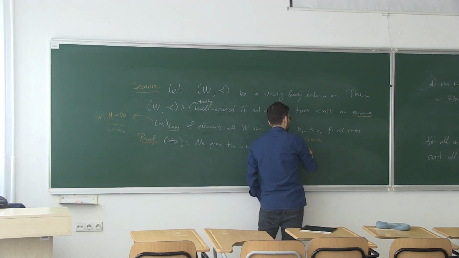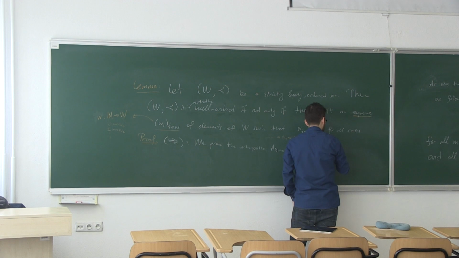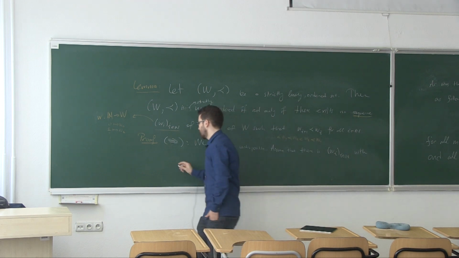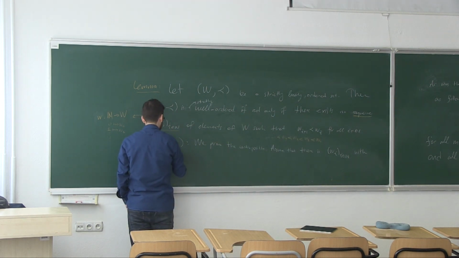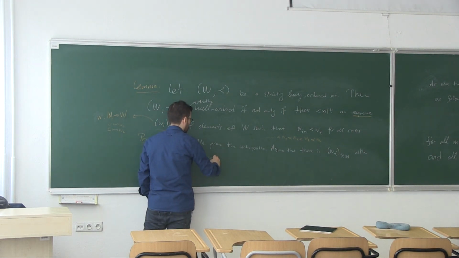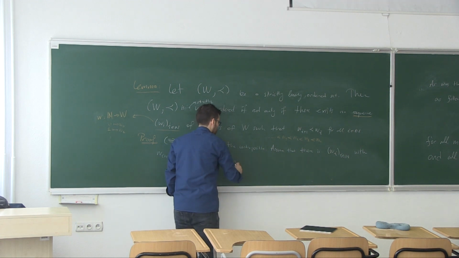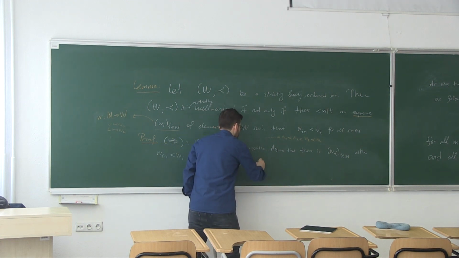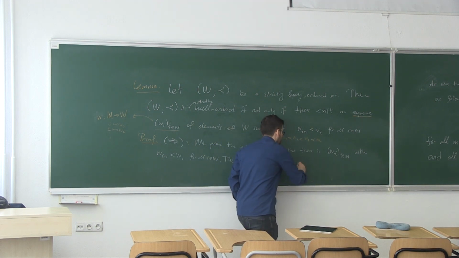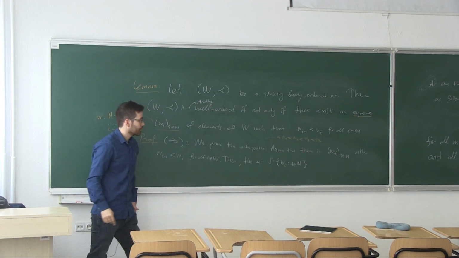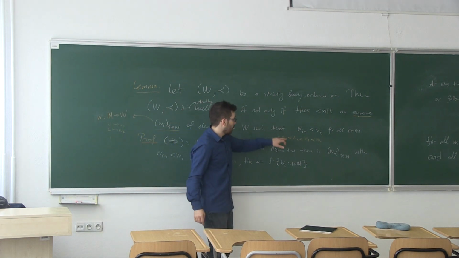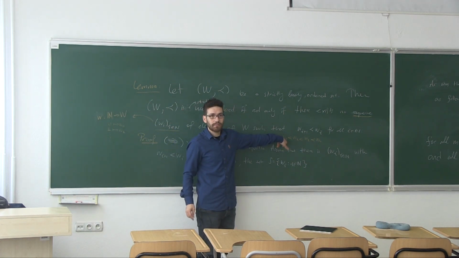Assume that there is a sequence w_i, i in ℕ, such that w_{i+1} is less than w_i for all i in ℕ. Then let's take all these elements together and put them in a single set. Now, can this set have a minimal element?